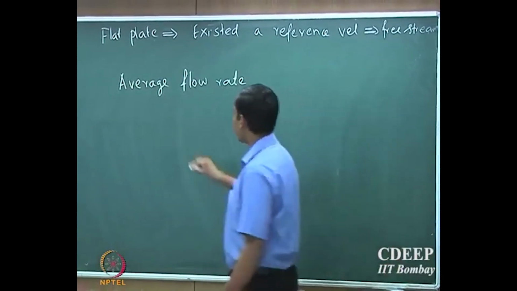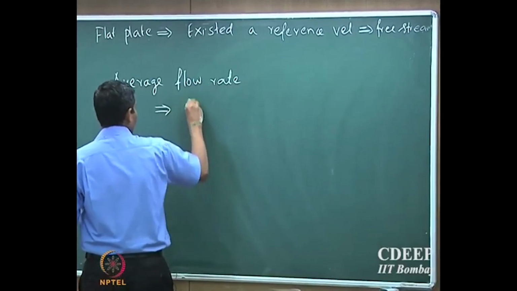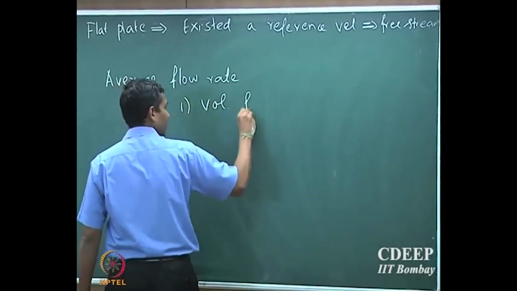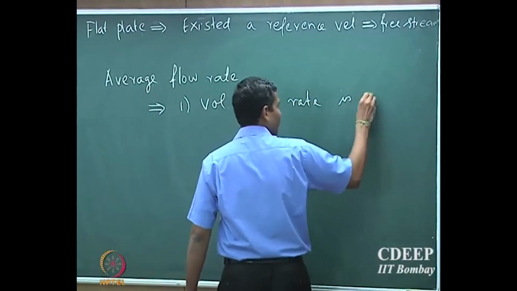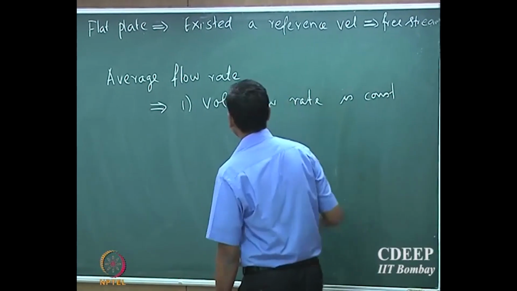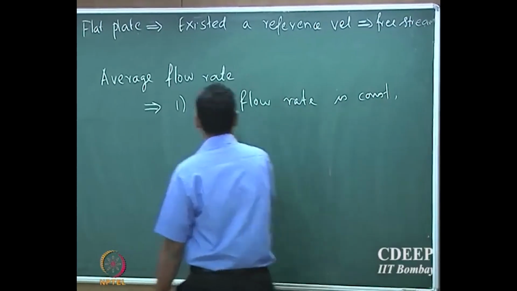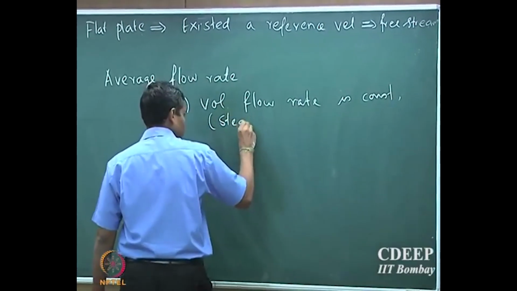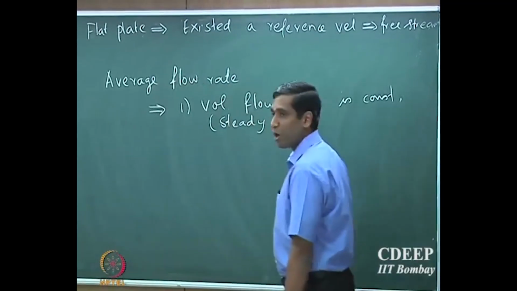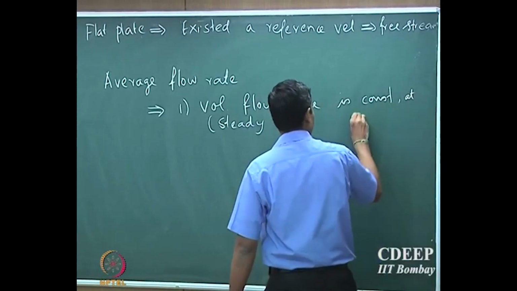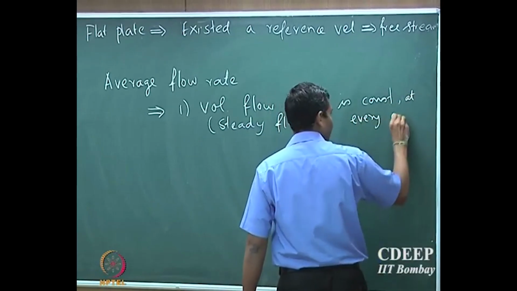One is that the volumetric flow rate is constant if it is a steady flow, at every cross section. That's very important.